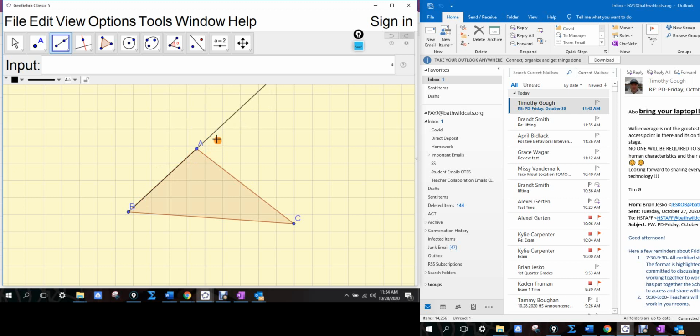Does that make sense? Now that is one exterior angle at the vertex A. I can start at C and go through A, and I get another exterior angle right here. Does that make sense? Okay.